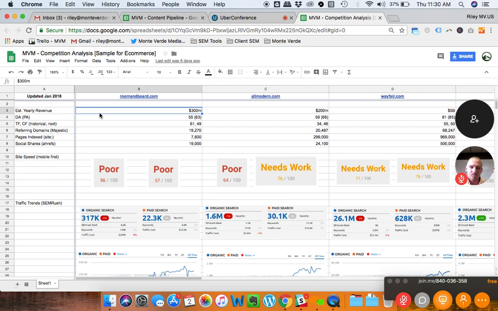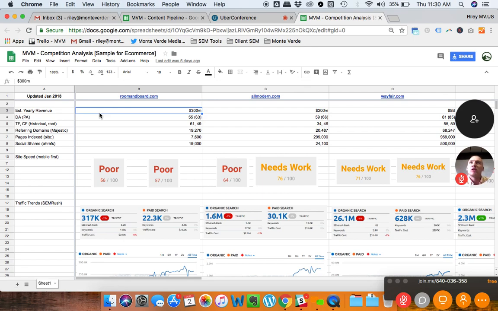For this one, it is an example of the e-commerce niche, and you have such companies as Room and Board, Wayfair, etc., and it just shows their data broken down, such as traffic trends, site speed, domain authority, AdWords, etc. And these really help our clients know their niche better and see where to target potential words and etc. Yep, exactly.